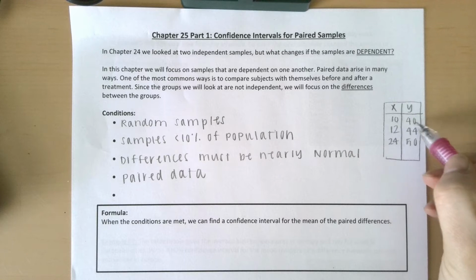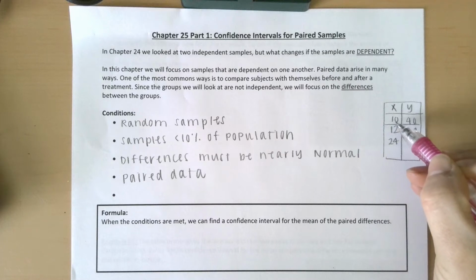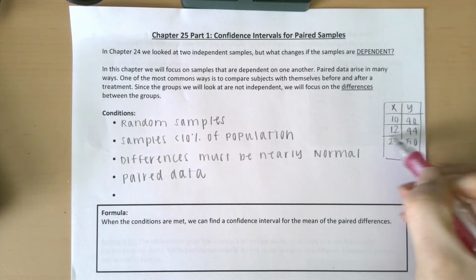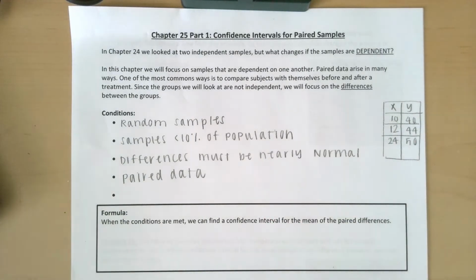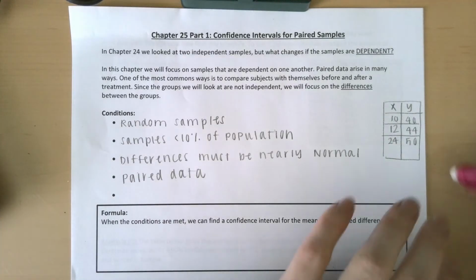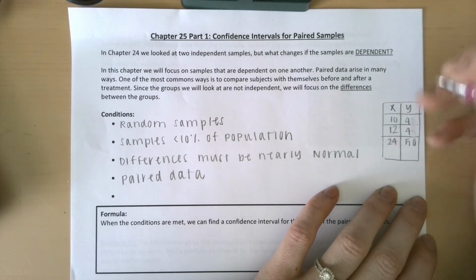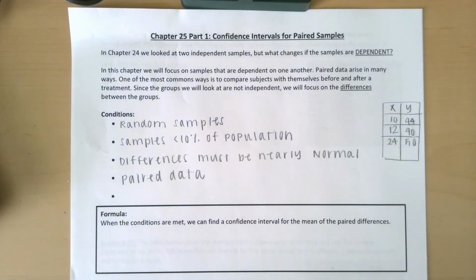If you think that this 10 and 40 have to go together, like those are somehow related, maybe the number of hours worked in high school versus college, then chances are that you have paired data. If you could switch the numbers around, so if I could put 44 here and 40 there, and it wouldn't change your data, then you probably don't have paired data.